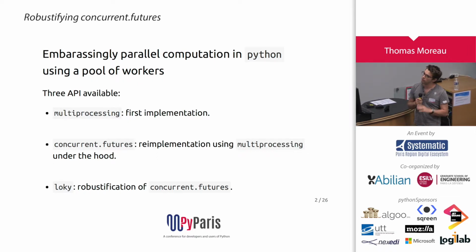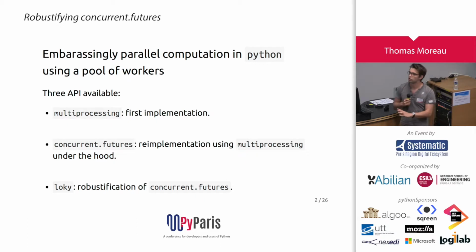Today I will talk more about the second API, which was introduced in Python 3.4, called concurrent.futures, which is basically a re-implementation of the multiprocessing pool, which uses the multiprocessing primitives under the hood to give a more robust and safer implementation of the pool of workers.